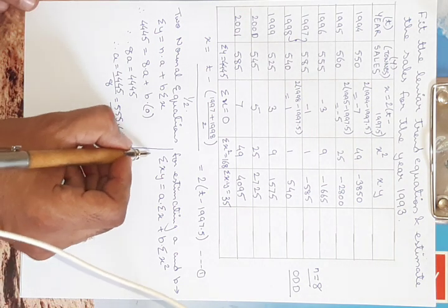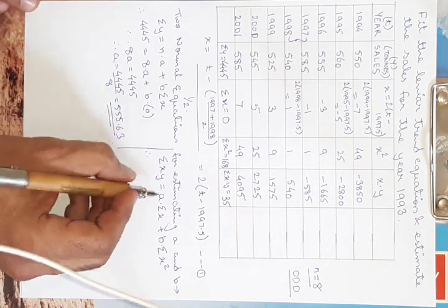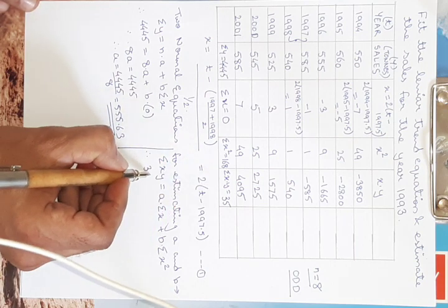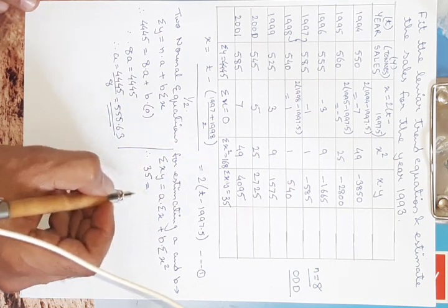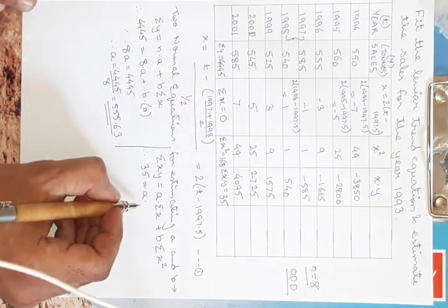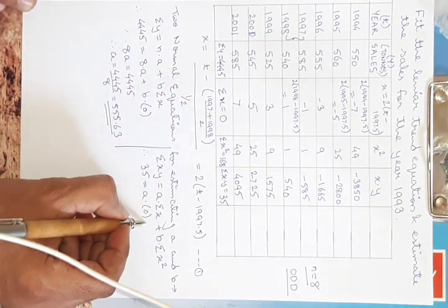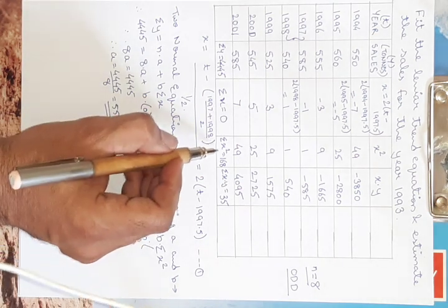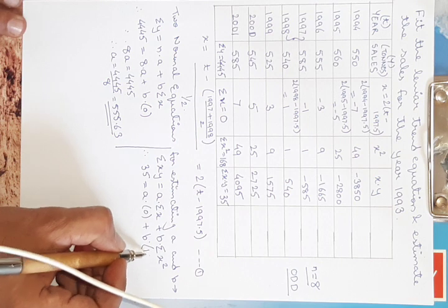Now we need to calculate the value of B from the second equation. Here it is given summation of x into y, the value is 35, is equal to A into summation of x. What is summation of x? That is 0, plus B into summation of x square. So summation of x square is 168.